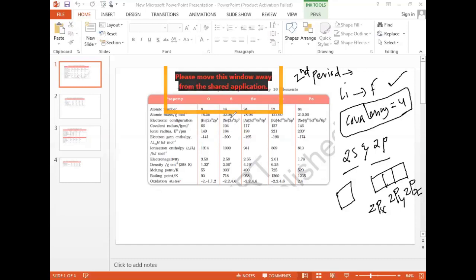Now if you see sulfur, we can see 3s2 3p4 configuration. In addition to this, we can see empty 3d orbitals here. But if you come to selenium, there is a filling of d electrons followed by 4s and 4p. And tellurium also has a filling of d electrons followed by s and p. And polonium has a filling of f and d followed by s and p.